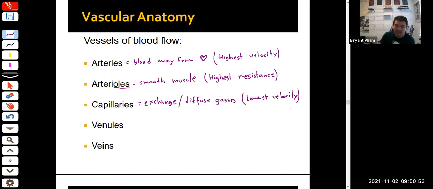Makes sense. You want your blood moving the slowest at your capillaries so you can move gases. Venules and veins are relatively just collecting pools. They just collect blood. There's not a high amount of pressure. Things aren't moving very quickly. It's a very passive kind of process compared to your arterioles and arteries, okay?